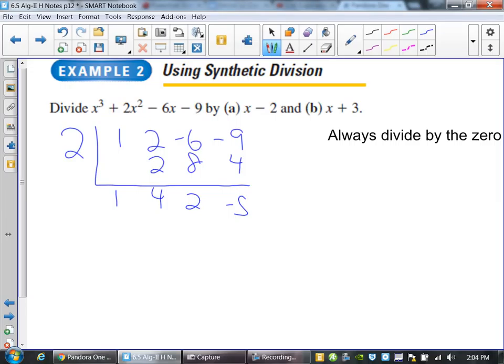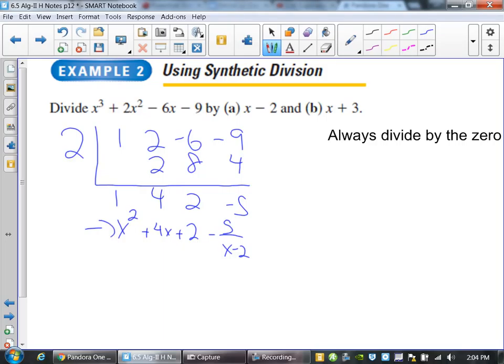Now, since that one did not end up with a 0, that meant that the negative 5 would be a remainder, if you will. So if you divide x cubed plus 2x squared and so on by x minus 2, you wind up with x squared plus 4x plus 2 minus 5 over x minus 2.